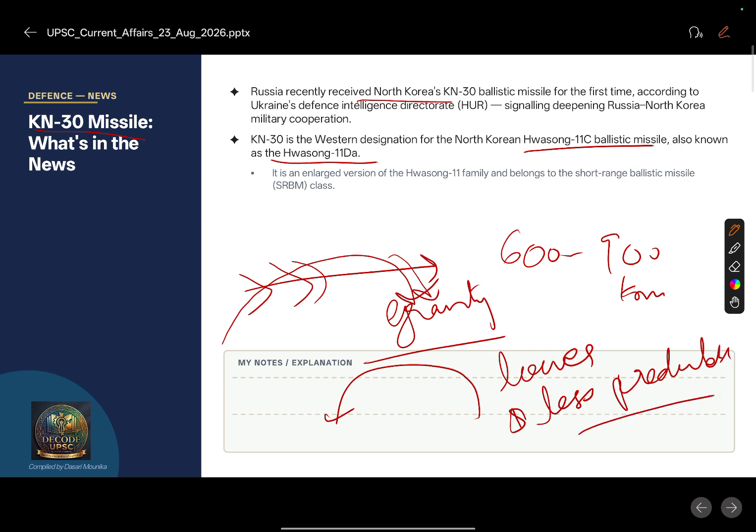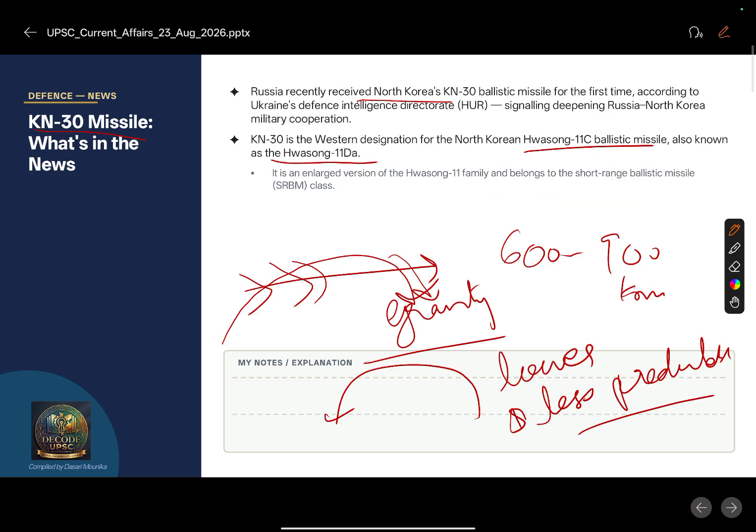This also reduces the engagement window available to missile defense systems. For quick revision: KN-30 Hwasong-11C is an SRBM, a short range ballistic missile, uses solid fuel, and follows a low quasi ballistic trajectory. This is excellent to remember.